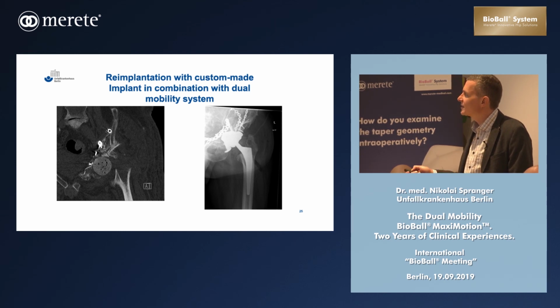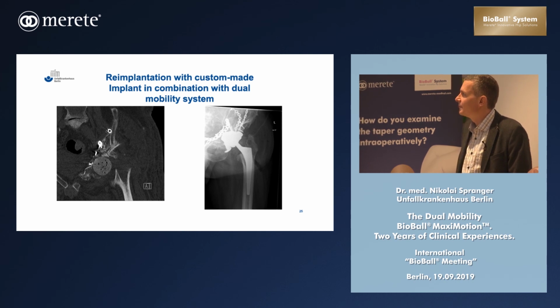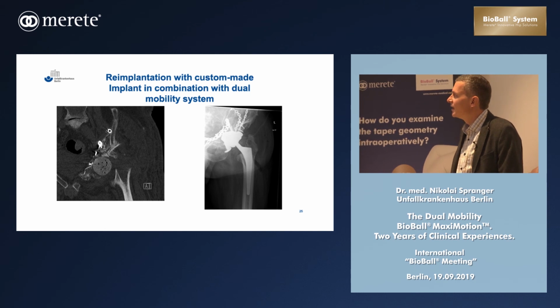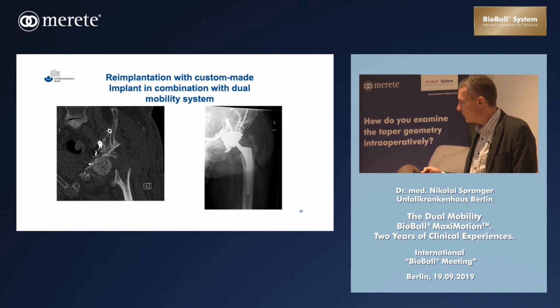And we combined this cup, which fitted very accurately in this defect in the hip, with the dual mobility system, just to be sure that there would be no dislocation. And he was very fine afterwards.